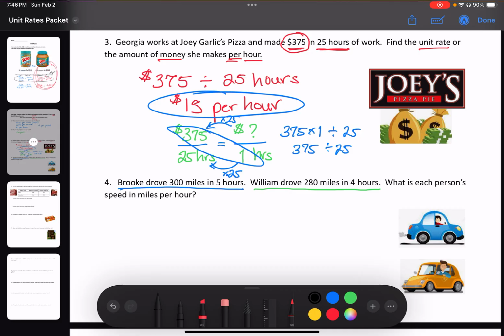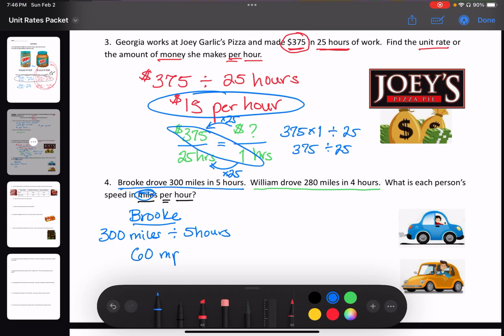Again, the order of the words will help us to determine what order to divide in. So for Brooke, if she drove 300 miles in 5 hours, we would divide the 300, because it is the miles, divided by the hours, the 5 hours. And we would get that she drove 60 miles per hour, which is what the MPH stands for.